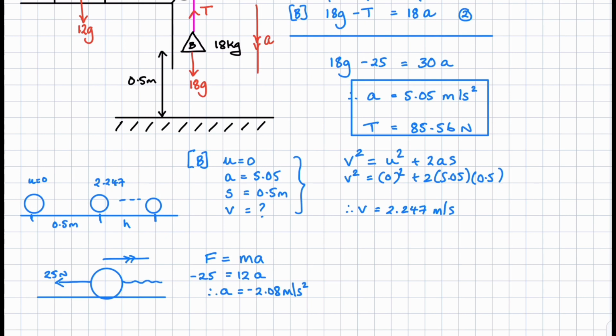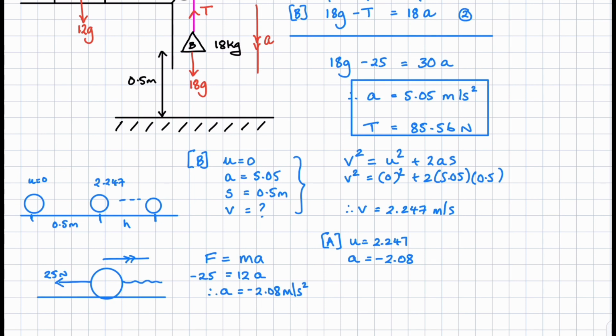So we can use this information to help us work out what this distance is. Let's record everything that we know. For particle A, we've got u equal to 2.247. Remember, that was the speed as soon as the string became slack. It will begin to decelerate at minus 2.08 meters per second squared.